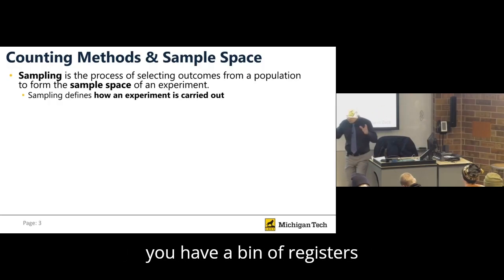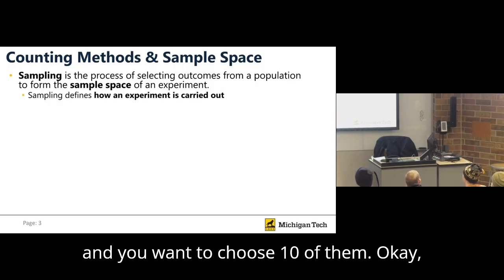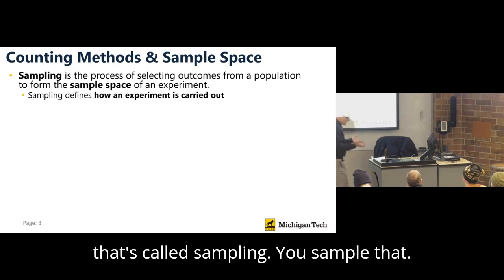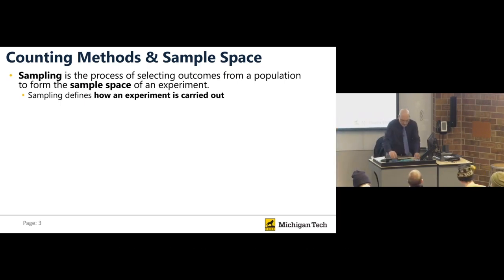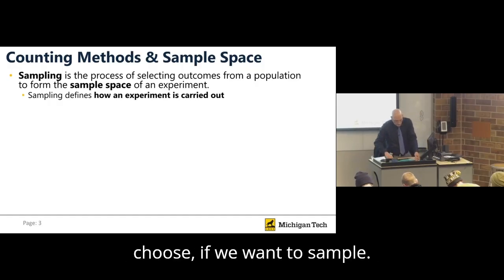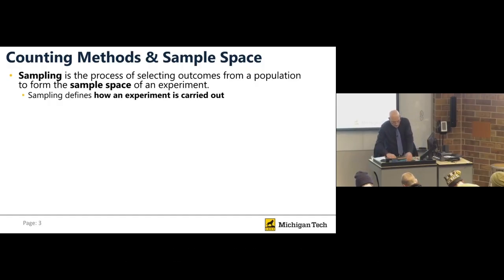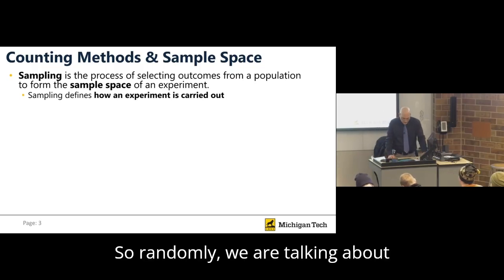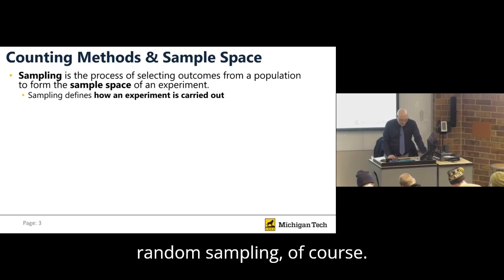For example, you have a bin of resistors, and you want to choose 10 of them. That's called sampling. And sampling is random. We are talking about random sampling, of course.